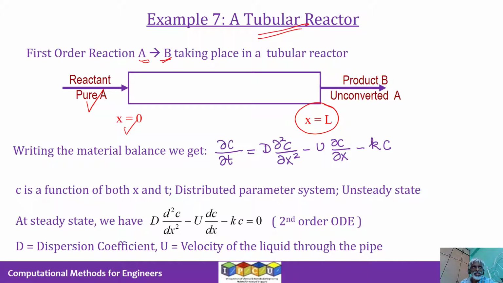In which case, the dispersion effects may be interesting, right? In plug flow, we do not assume dispersion in the velocity front. But here, what happens is we are going to have dispersion, which is characterized by this term D, the diffusivity coefficient, if you like.